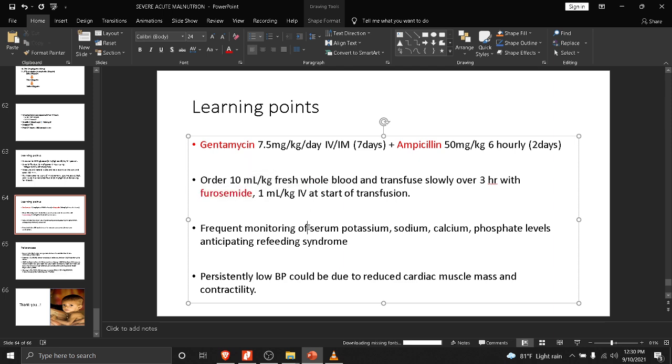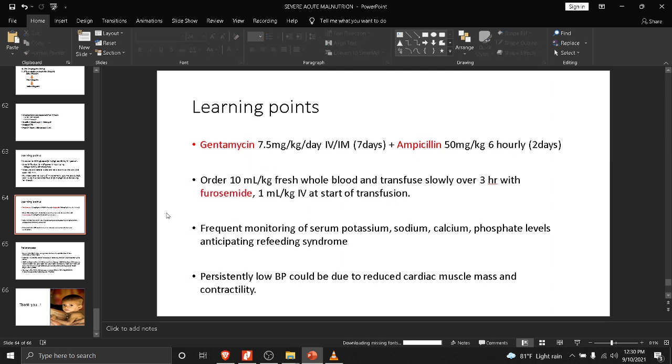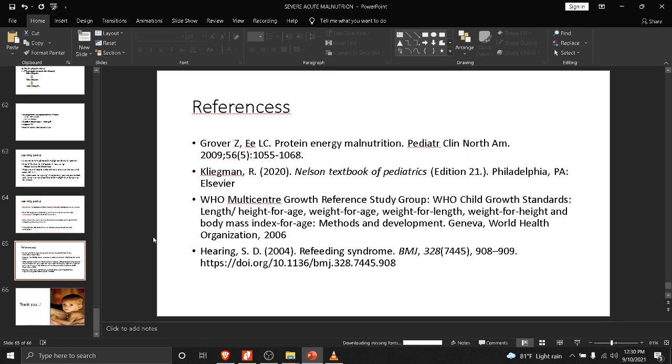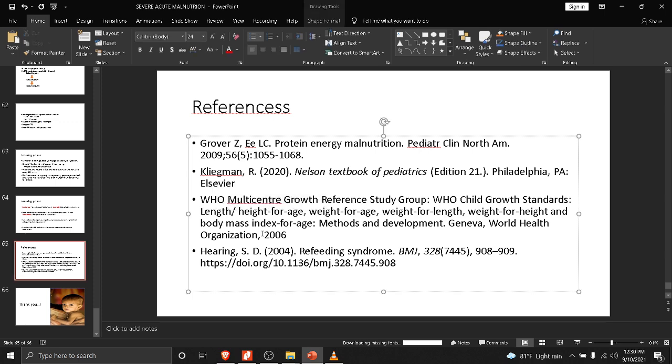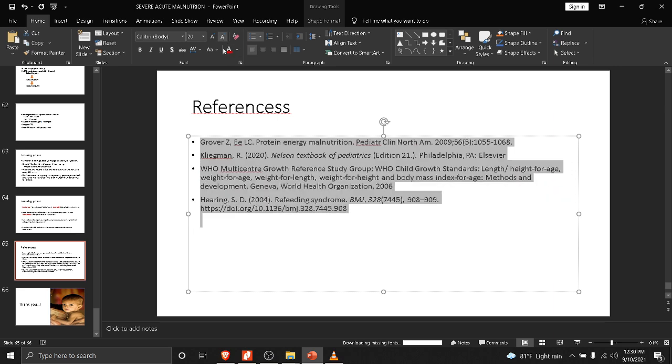So we gave it over 2 hours, and as the blood pressure was low, we didn't give furosemide with the blood. We also repeated serum electrolytes at 12 hours, but we could have monitored serum potassium, sodium, calcium and phosphate levels more frequently than 12 hours.